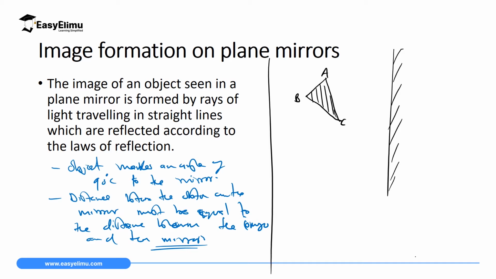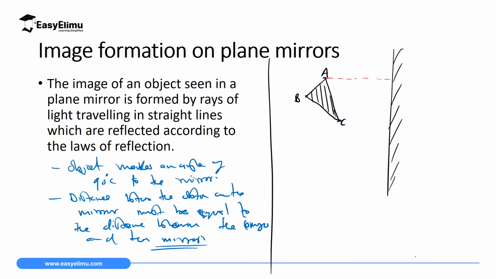The first idea that you need is that the points A, B, and C will make 90 degrees to the mirror. That's what we have just said. So if you have point A, then point A must make a 90 degrees angle to the mirror. Mirrors form images 90 degrees to the mirror.